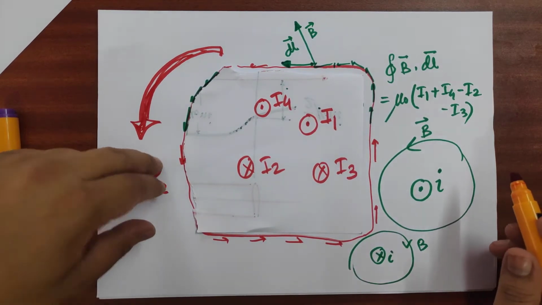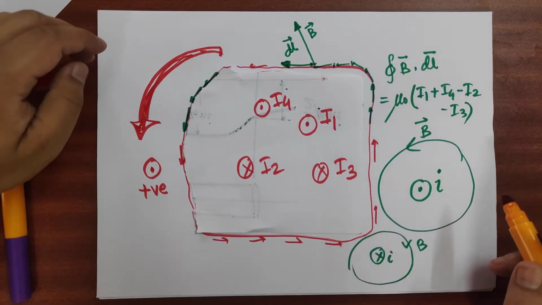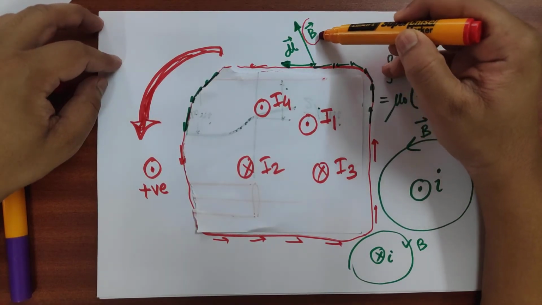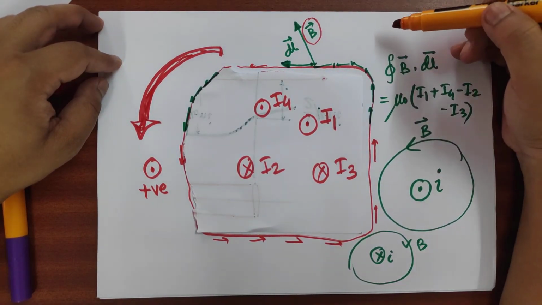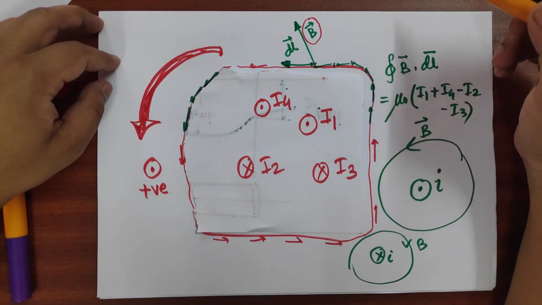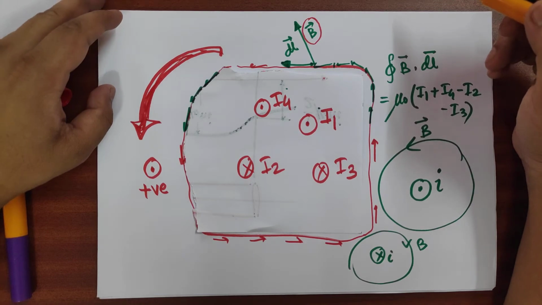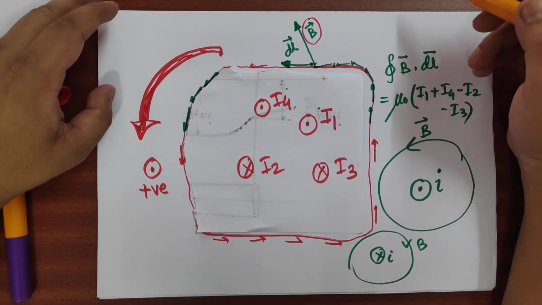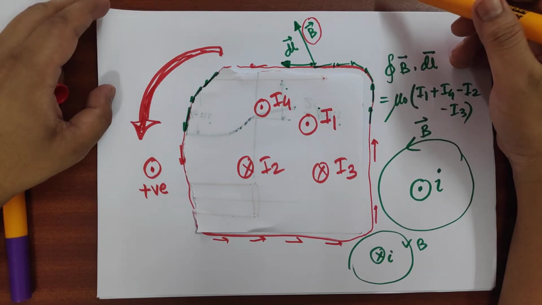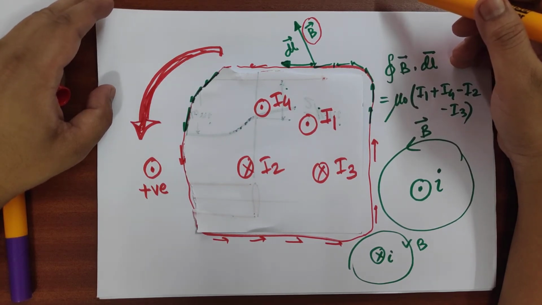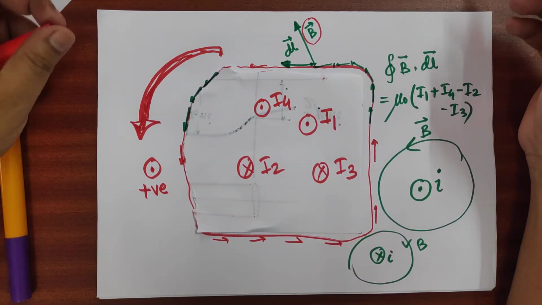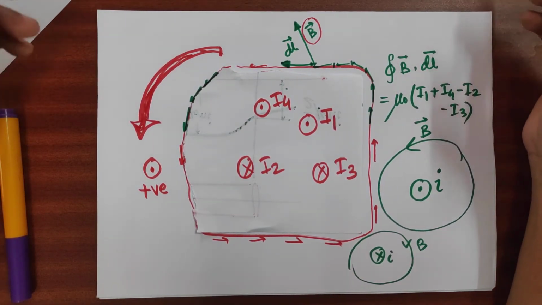Okay, now remember that this field B is the field due to currents inside and maybe outside the loop also. But as we have seen in Gauss's law, the electric field E depends on the combined effect of the charges within the Gaussian surface and outside the Gaussian surface also.